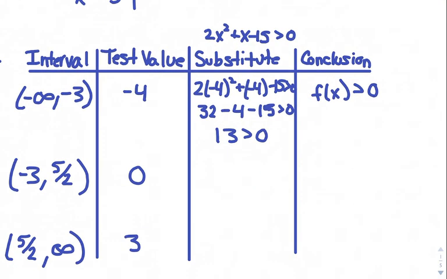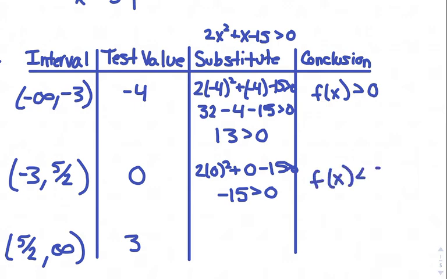Now we're going to do the same process with 0. It's going to be 2 times 0 squared plus 0 minus 15. When I do that, I get negative 15 is greater than 0. Well, that's not true. In order for that to be true, it would have to be negative 15 is less than 0. So my conclusion here is that f of x is less than 0 in this interval.